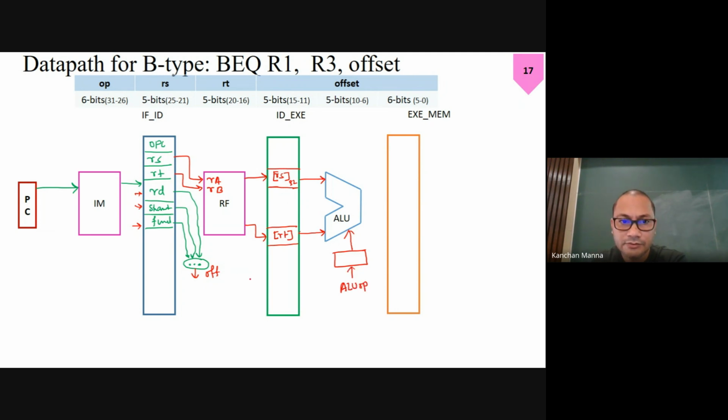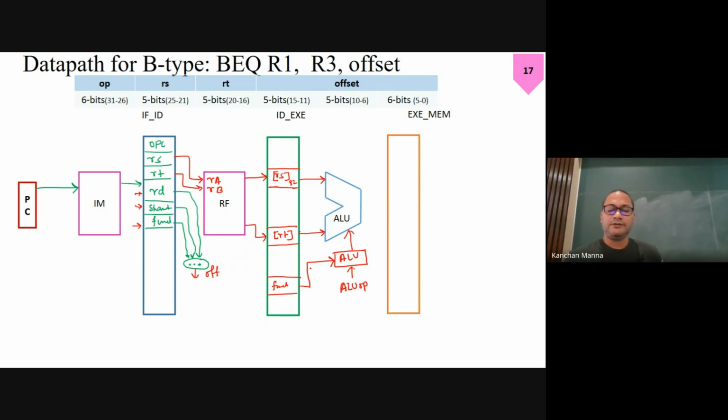Then we have to also take the func field. Because this is the same circuit we are using, this is the ALU decoder. So a separate thing will come now from here. Okay, got it?